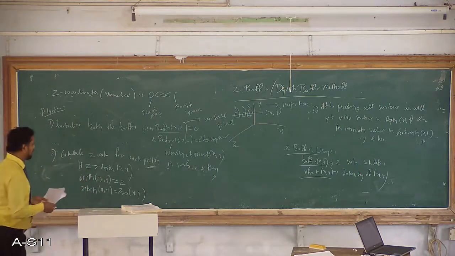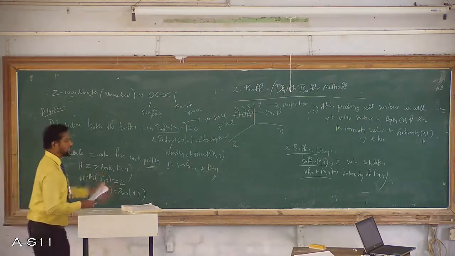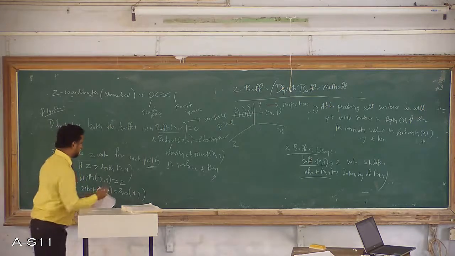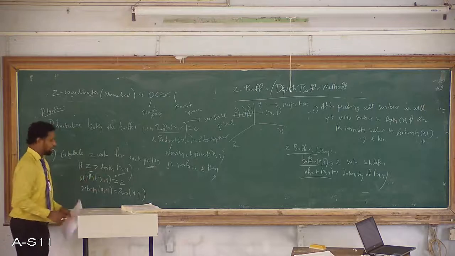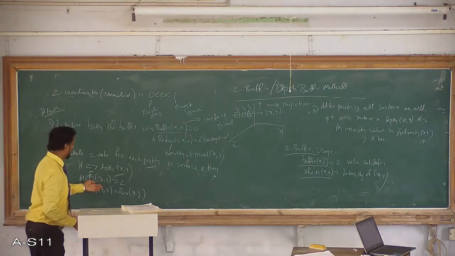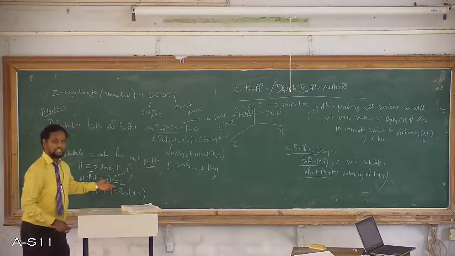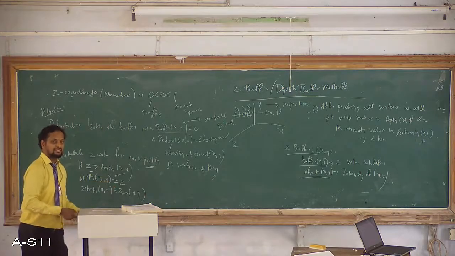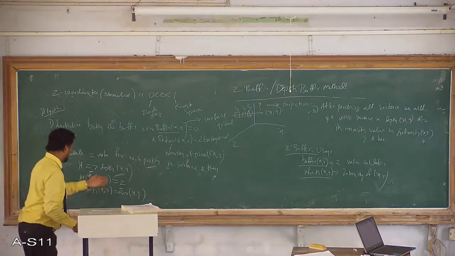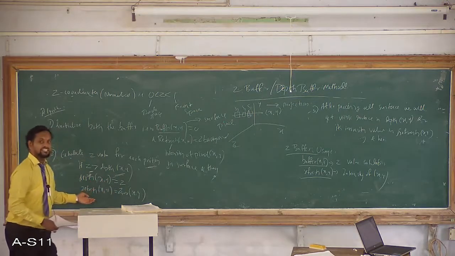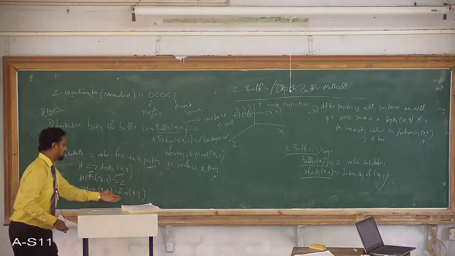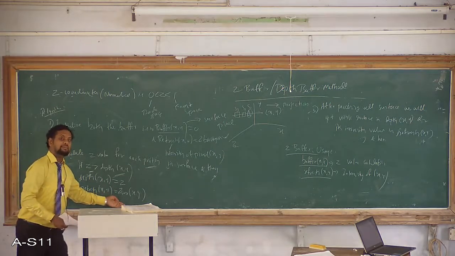If z is greater than the depth of xy, if it is greater than the currently found value, then set depth of xy equal to z, because the current one is the bigger one, and then the intensity has to be set with the current value of that pixel.